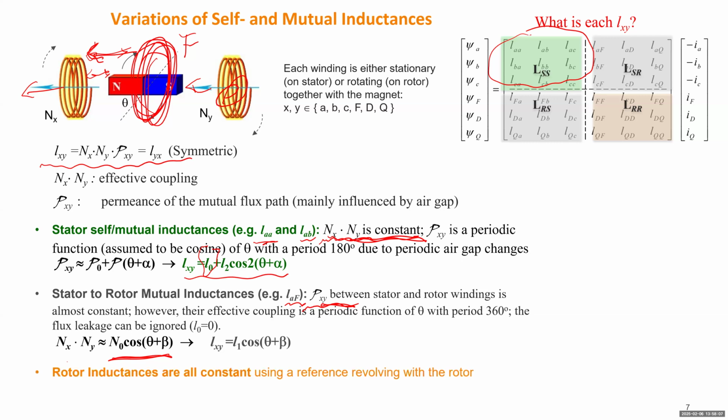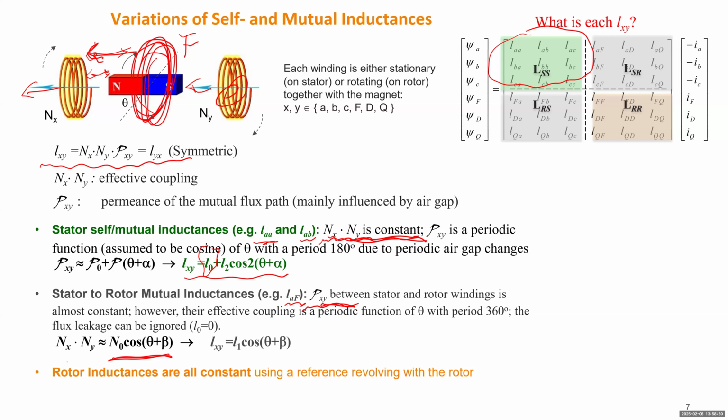So finally, if we consider the mutual and self-inductance of the rotor windings, they're all constant, okay? Because first of all, the two windings both stay on the rotor. So their coupling never changes. For instance, the field winding and damper winding D are always in parallel, okay? So N times N will be constant.